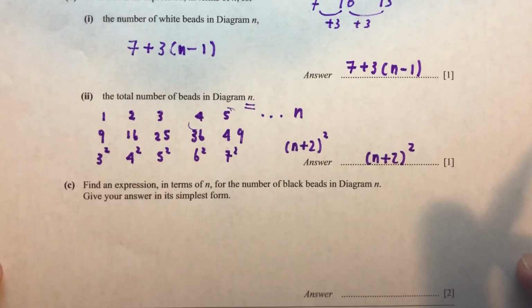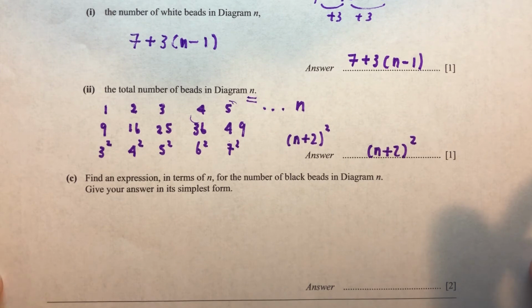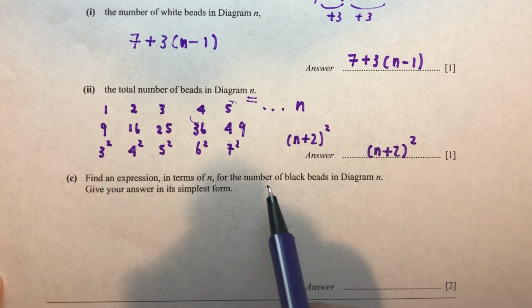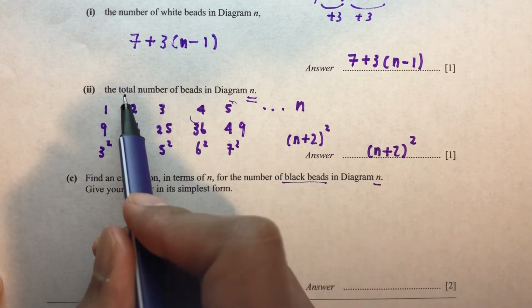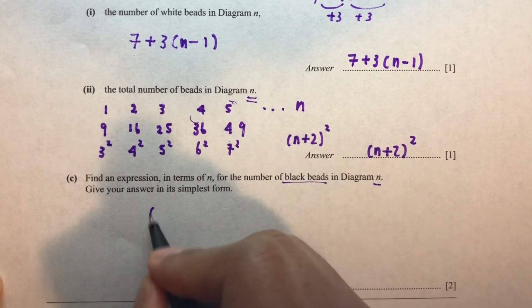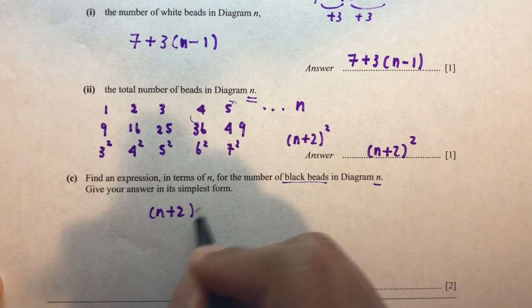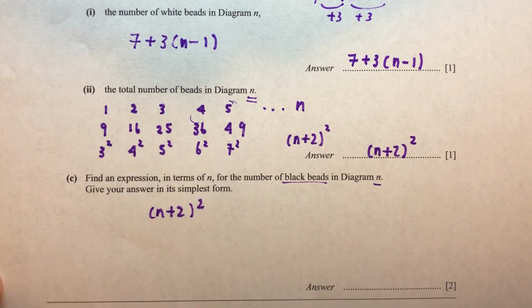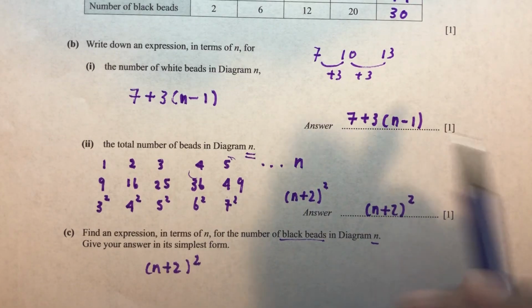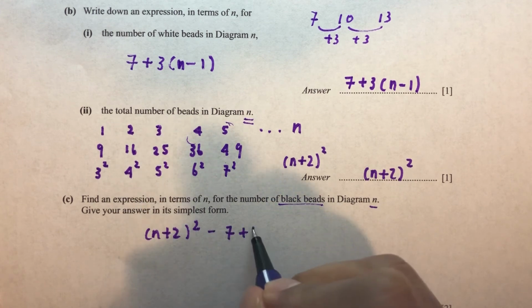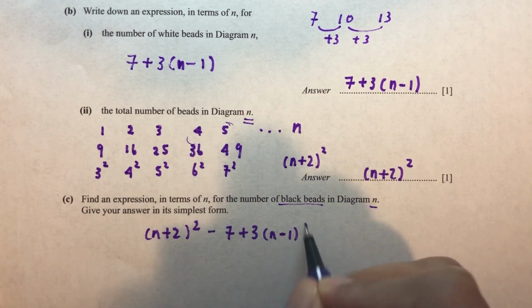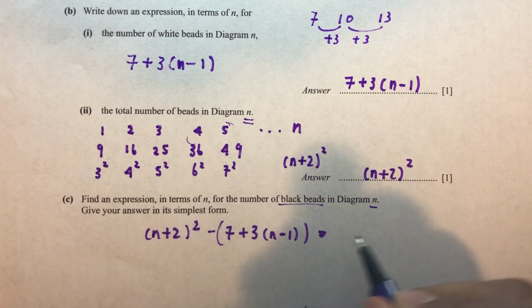That will be the nth term for the number of beads. So the last part is find an expression in terms of n for the number of black beads in diagram n. So we know that the total number of beads is n plus 2 squared. And we know the expression for the white beads as well. We have to minus the white beads, which is 7 plus 3n minus 1, which will be equal to the black beads.